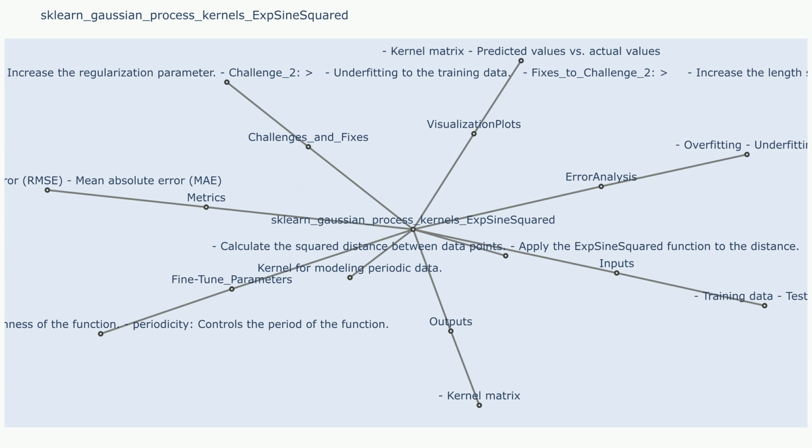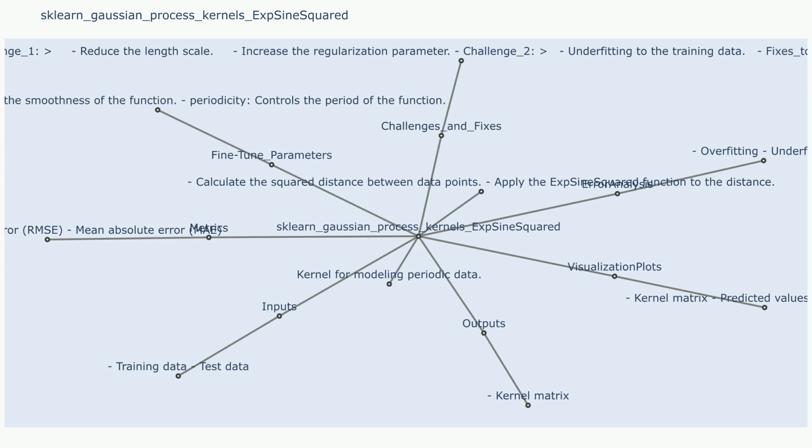The kernel is defined as k(x1, x2) = exp(-(x1 - x2)^2 / (2 * length_scale^2)) * sin^2(2 * pi * (x1 - x2) / period), where x1 and x2 are 2 input points. Length scale is the length scale of the exponential decay, and period is the period of the sine function.